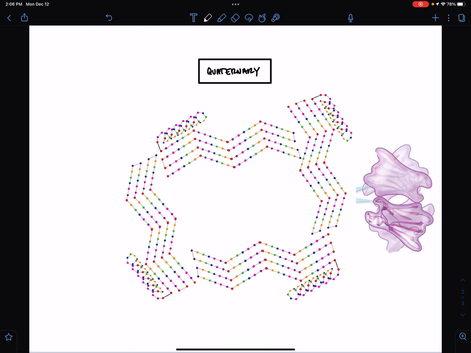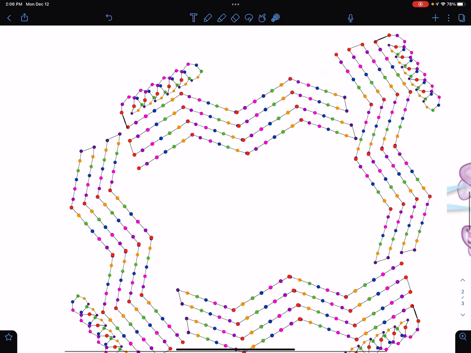Okay, quaternary structure. Quaternary structure is just like tertiary structure, except that it involves multiple subunits. So here I have an example of a tertiary structure protein. It's composed of one long chain of amino acids. So if we were to unravel this, these would all still be connected together.